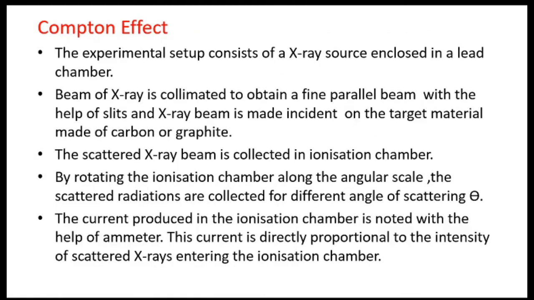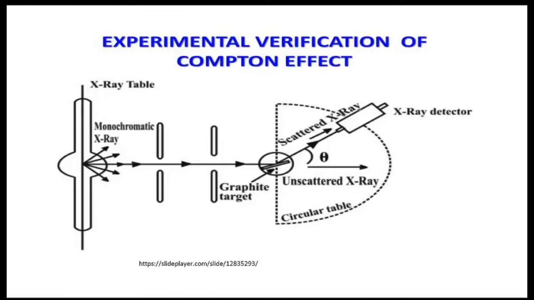By rotating the ionization chamber along an angular scale, the scattered X-ray radiation can be collected at different angles of scattering theta.